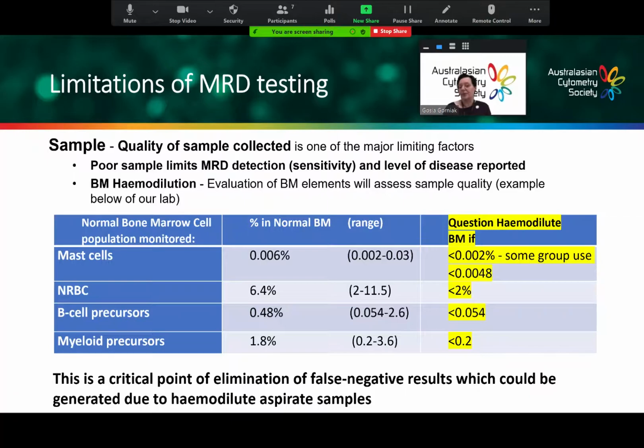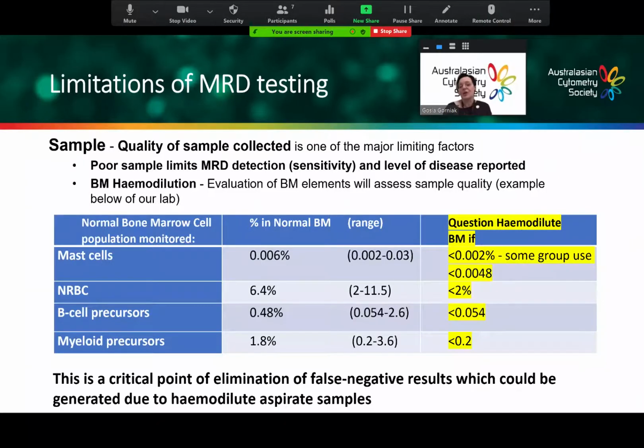If it's not observed, you might have a random population loss, staining intensity can be altered, and it can lead to a falsely decreased denominator, which in turn can falsely increase the percentage of your MRD detection, or you can actually lyse your target cells and have a false negative MRD. So this is a very important part, to standardize or use a standardized lyse technique.